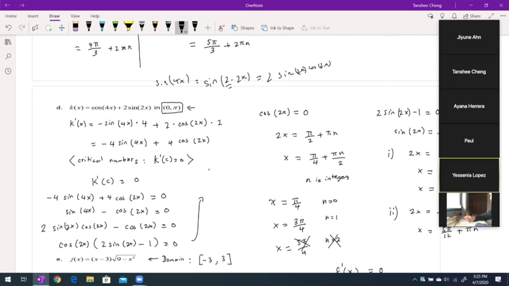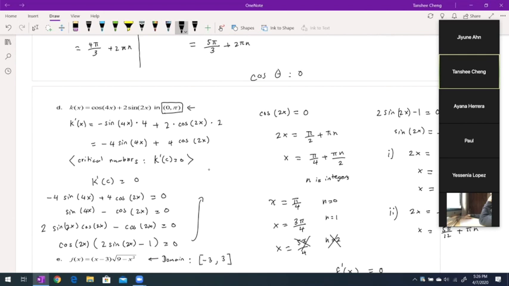Yes. Yeah, why is it 2x equals pi over 2 plus pi n? Wouldn't it be 2x equals 2 pi plus pi n? Okay, so cosine of theta is equal to 0.